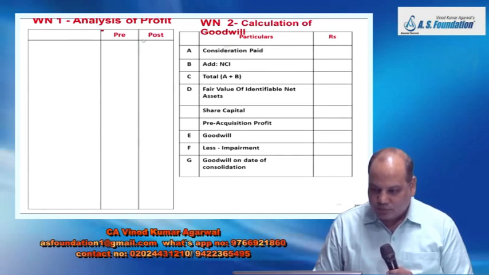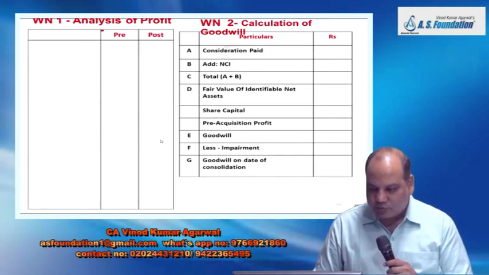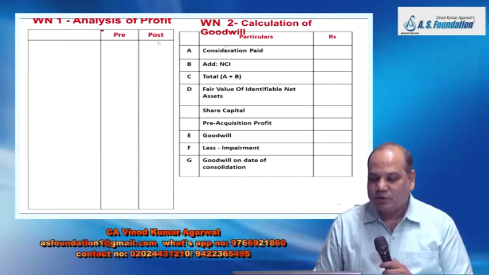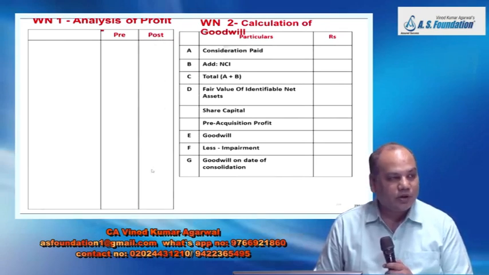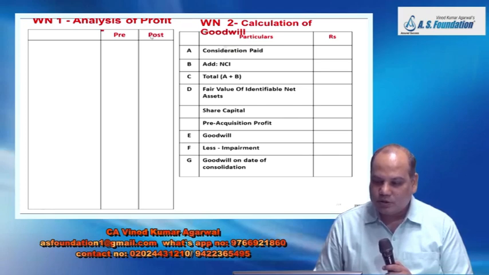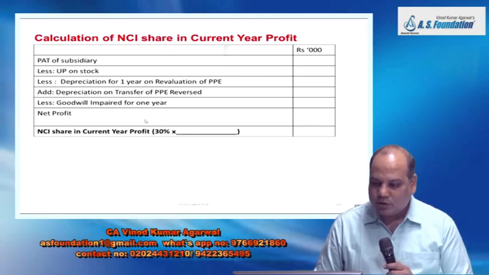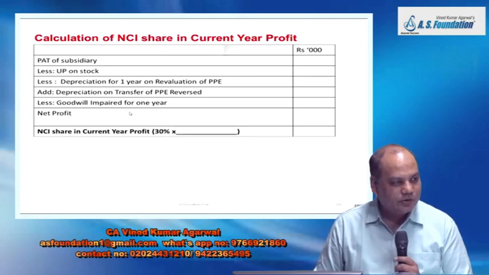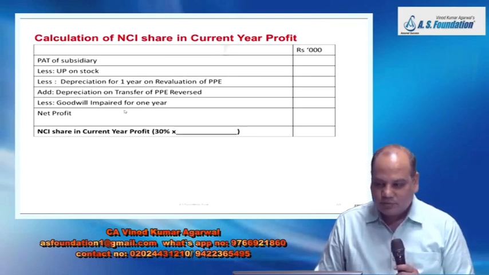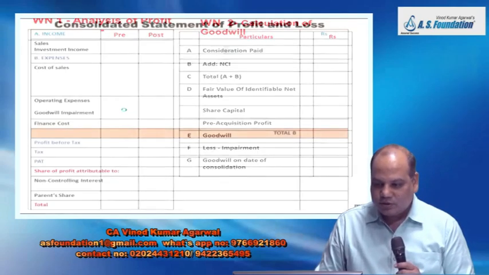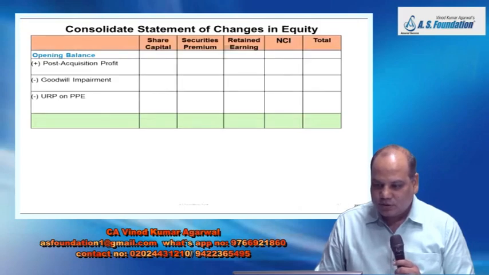You can say, why don't we take the figure from post acquisition profit? This will be for 3 years. Like in earlier problems we had done, we used to take figure from this working note. In this question, this cannot be done because this will cover a 3-year period, but I need to only find out the current year profit. Share in current year, so this small adjustment we will do. Is it right? So can we start this amazing question?